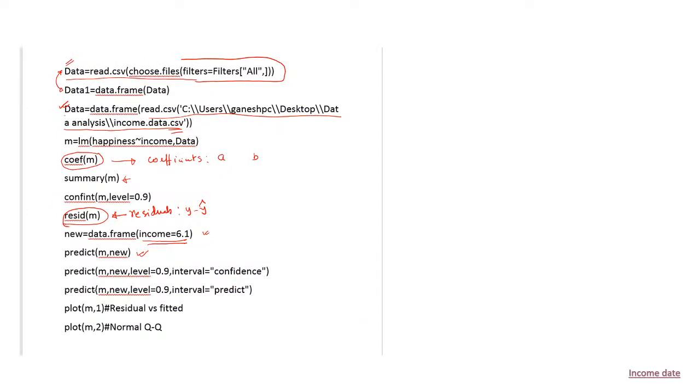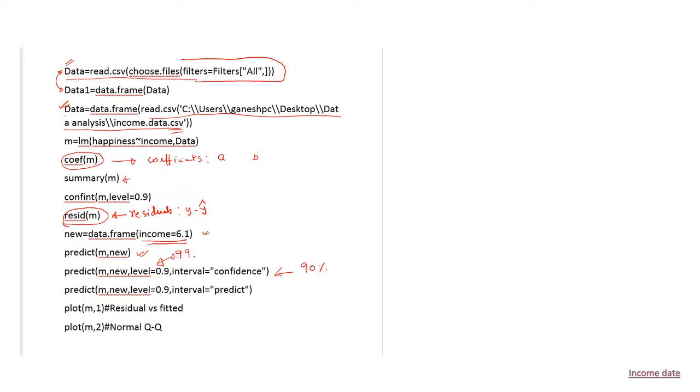and this is the command for the confidence interval of expectation of y given x, the mean of happiness when your income is 6.1. So this gives your 90% confidence interval. If you want 99%, just change this value 0.9 to 0.99.